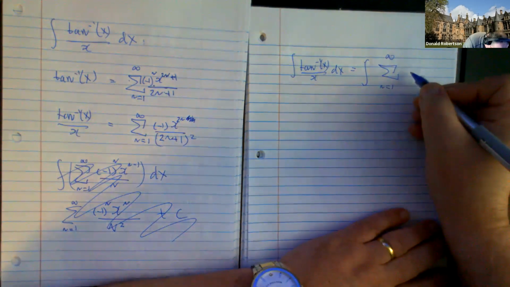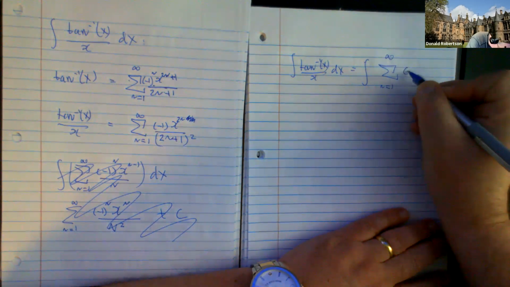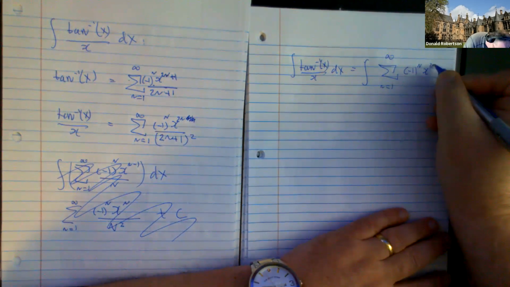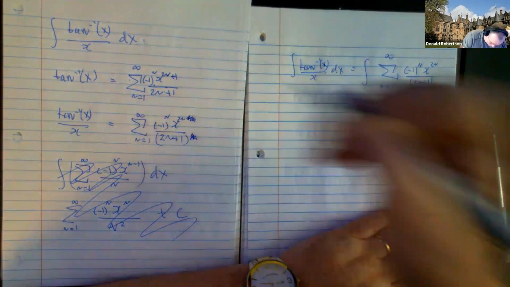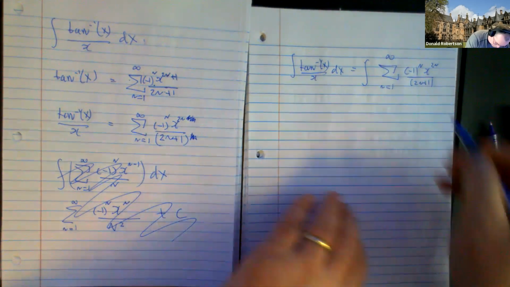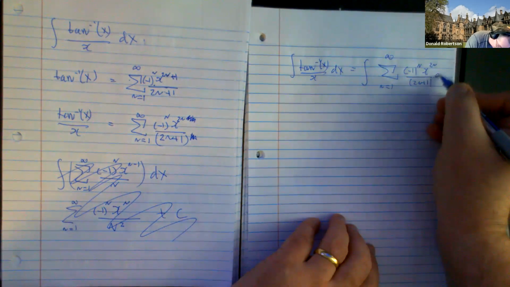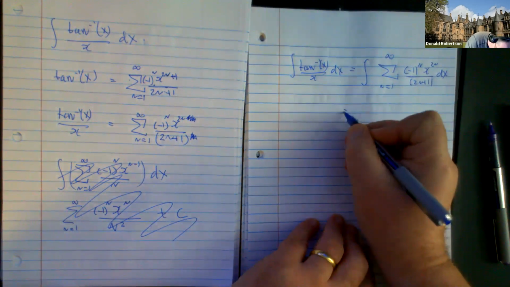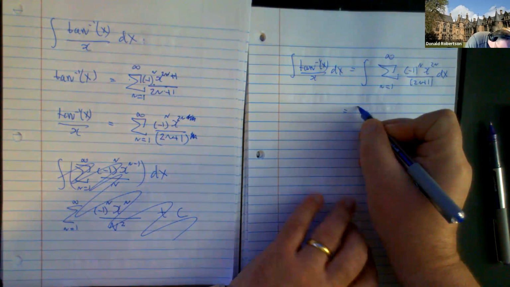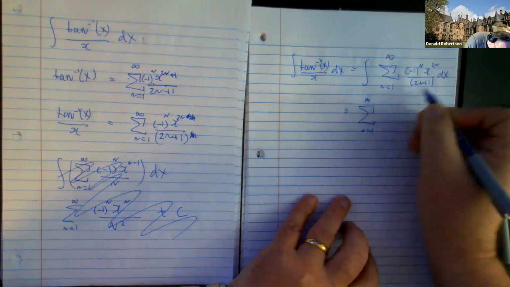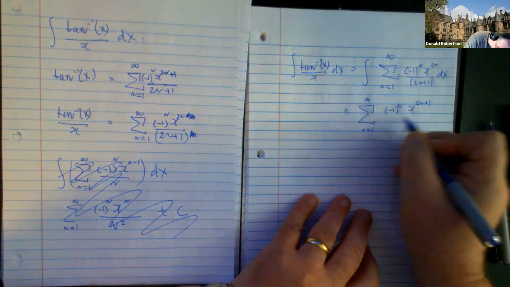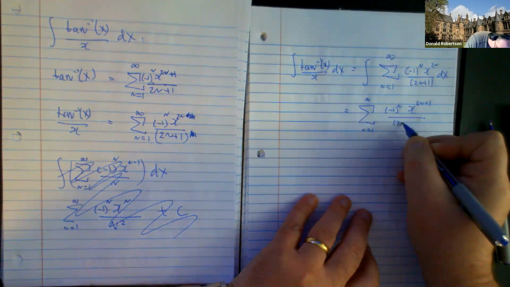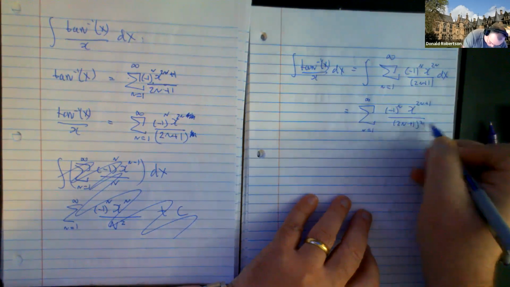So I'm going to be integrating this, the inverse tan over x. So what do we get? You add 1 to the power, you divide by the new power, plus c.